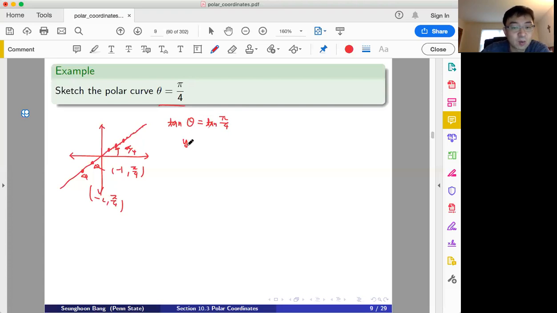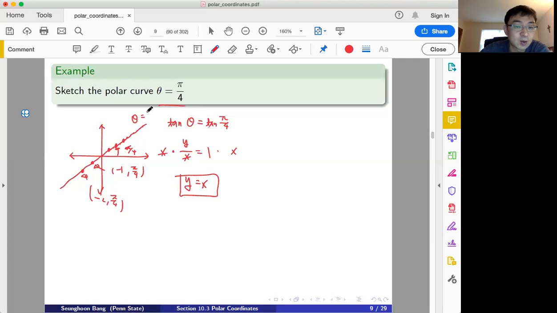Tangent theta is y over x. What is tangent pi over 4? Tangent pi over 4 is 1. You multiply both sides by x. The x is crossed out, so we have y equals x. Yes, this graph is exactly the same as y equals x.